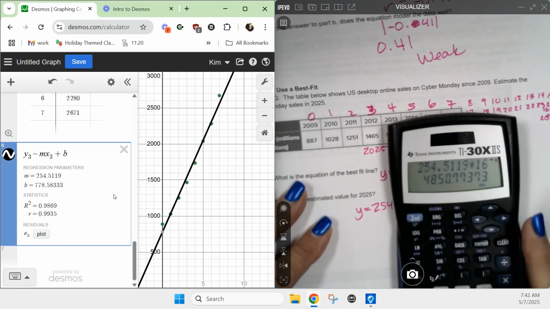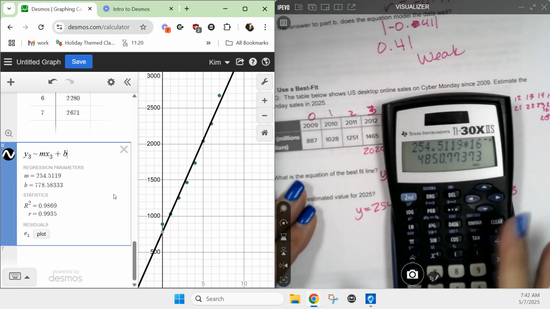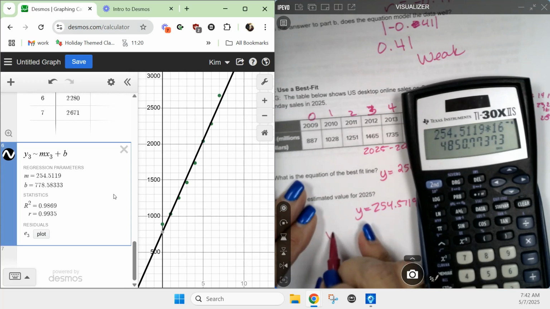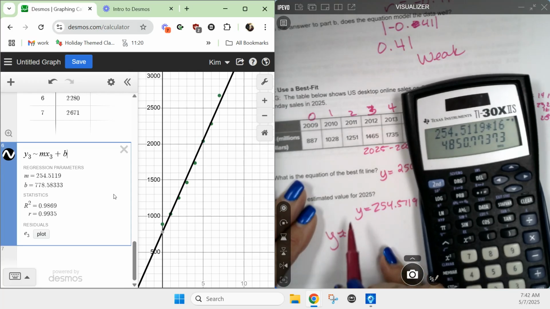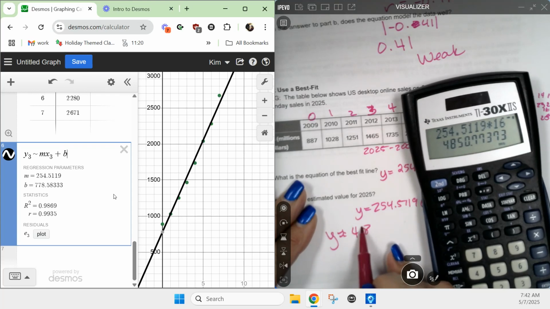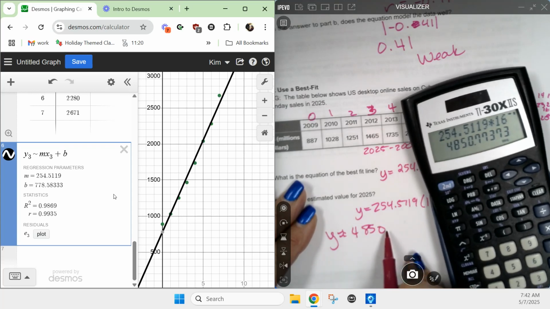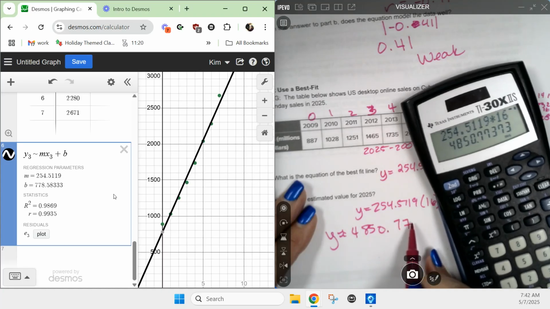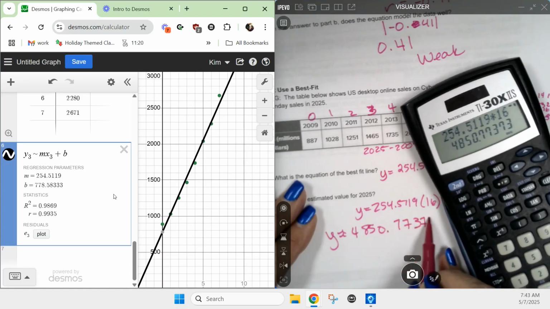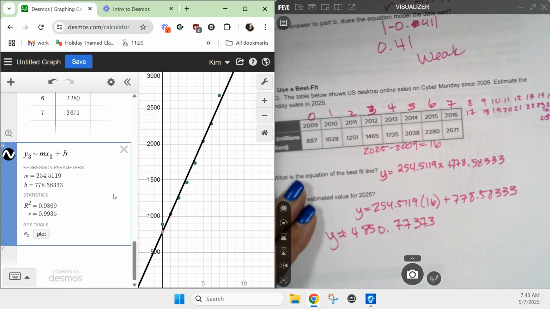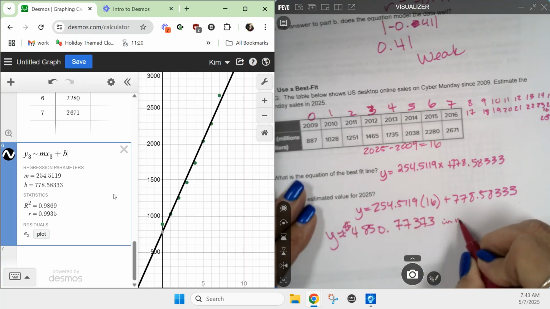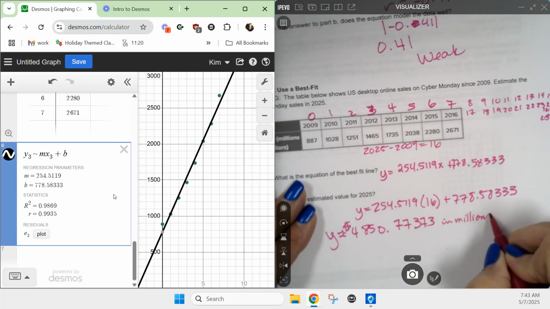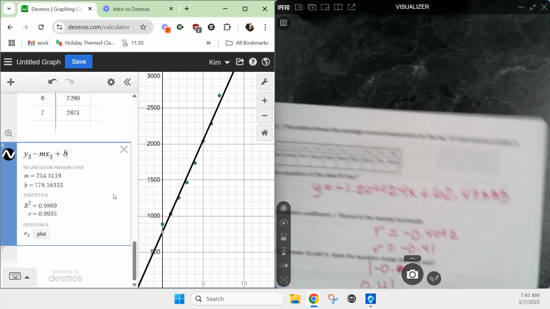And I'm going to get this number right here. So really this should be y is approximately 4850. And what are we talking about? Sales in millions? 77373. Okay? So it's approximately that in millions. Okay. Awesome.